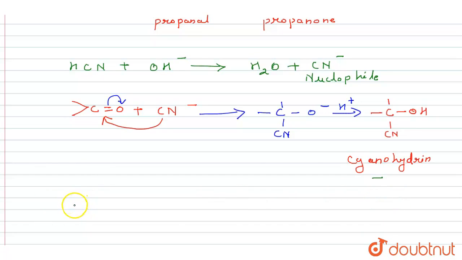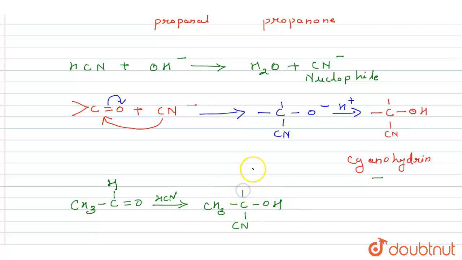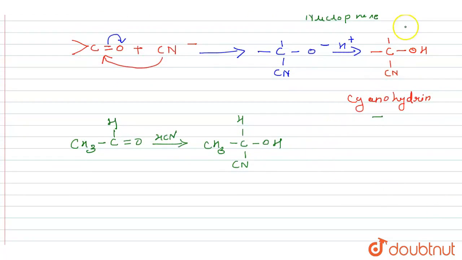So here let's see the reaction when the aldehyde CH3CHO reacts with HCN. When this reacts with HCN, it will give CH3CH(OH)CN, so this is a cyanohydrin.